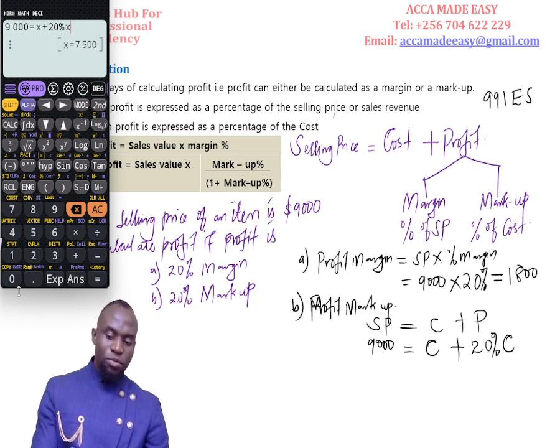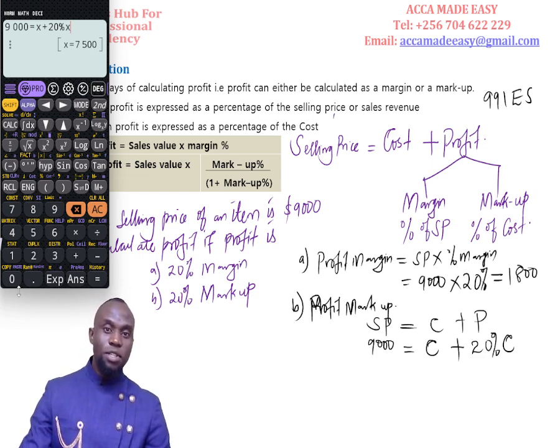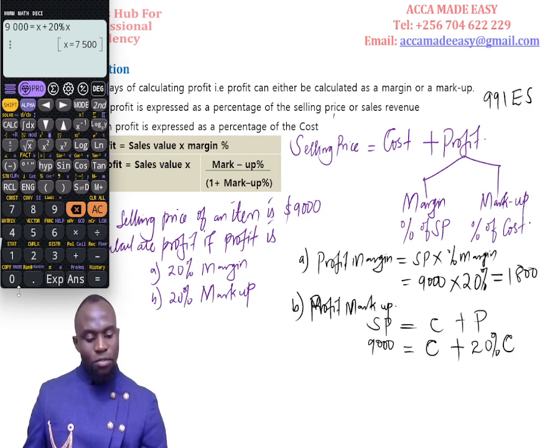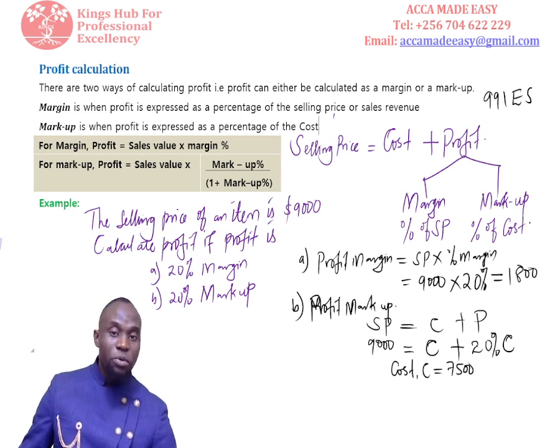When it solves for me, I get 75. Now on the normal calculator, you have to do an extra step: you place shift, then solve, then you place equals. If you do that, you get your cost. So the cost, which is C, is 75. But what do we want? We don't want the cost, we want the profit.